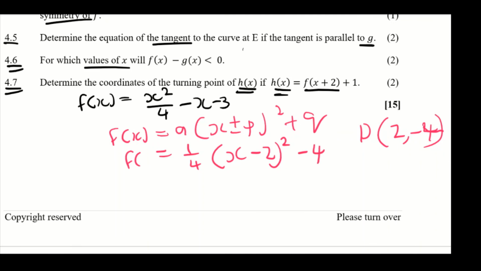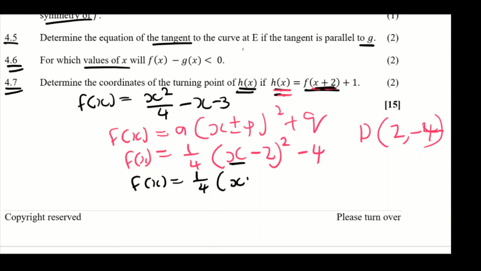So this is our f of x, and we are told that h of x is equal to f of x plus 2. So where there's x, we're going to add 2. So what this means is you have 1 over 4 into, so instead of writing this x, you're going to write x plus 2.